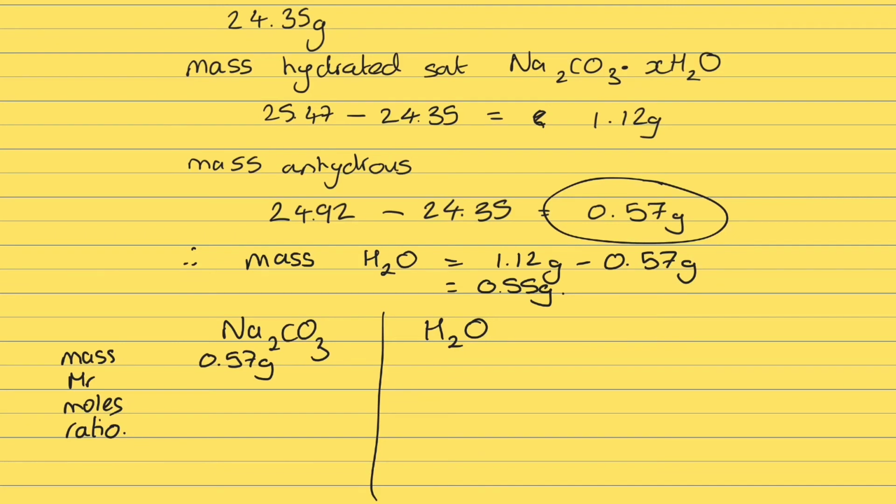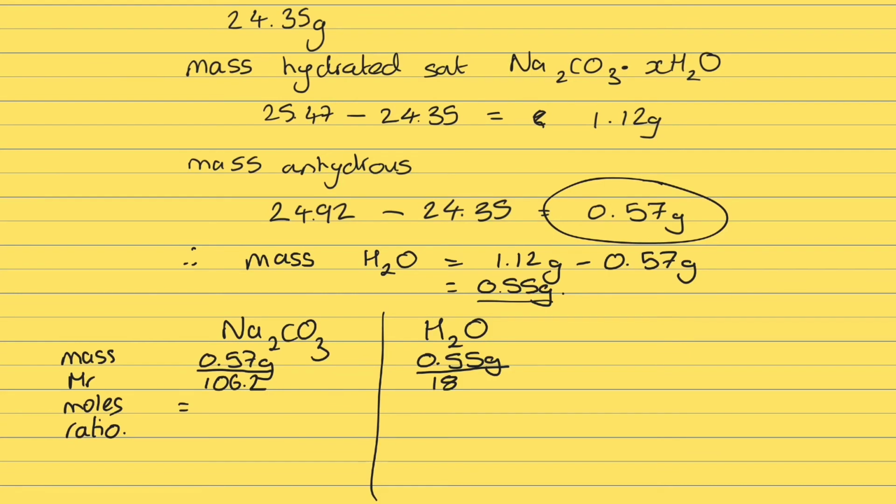That's the anhydrous salt minus the crucible. The mass of the water we just calculated being 0.55 grams. The Mr of Na2CO3, you look up the numbers in the periodic table, and that gives you 106.2, and water is 18. Moles we calculate by dividing these two numbers.